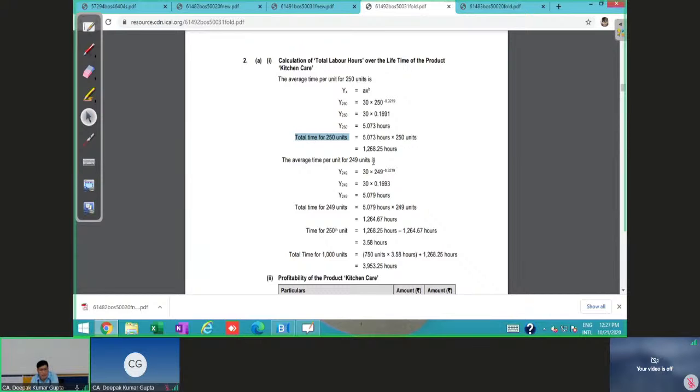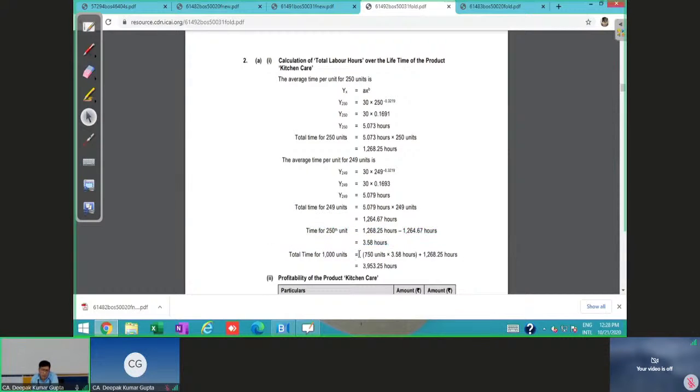Similarly, the average time per unit for 249 units is 5.079 hours, and total time for 249 units by applying the learning curve formula is 1264.67 hours. And time for the 250th unit is 3.58 hours.